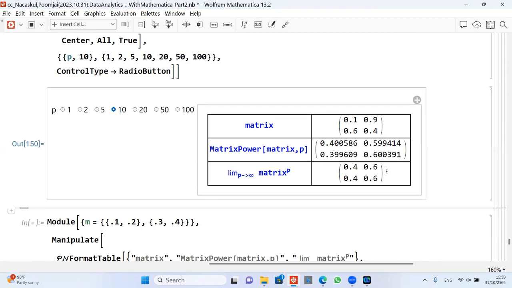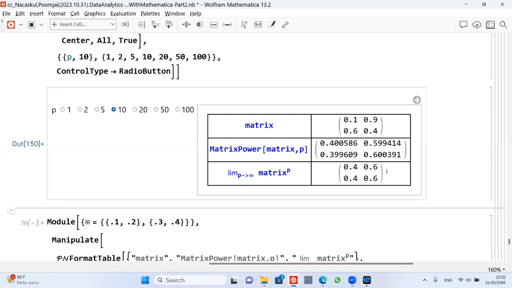Meaning, if you keep multiplying this thing by itself, it's going to stay by itself. Where do you think that is the situation? That situation, if you talk to your friend in the economics department, is called equilibrium.